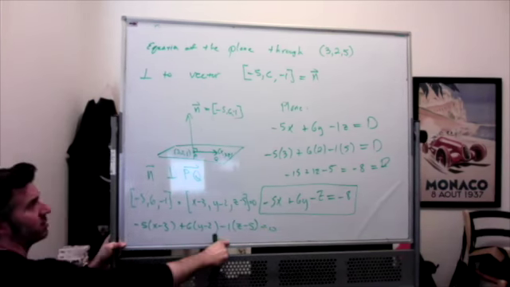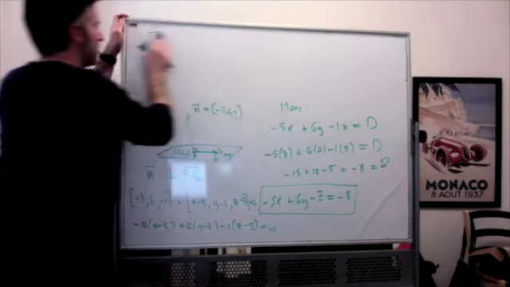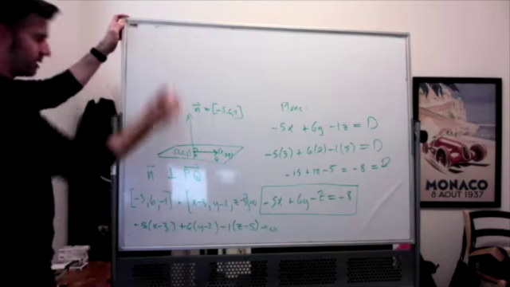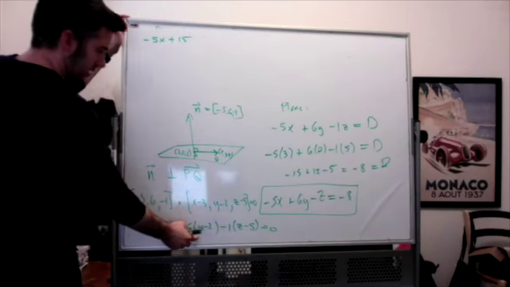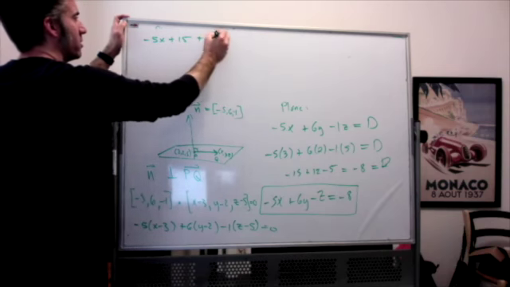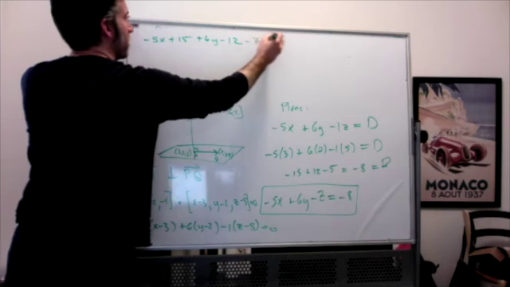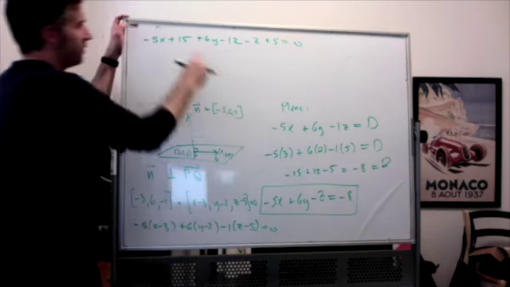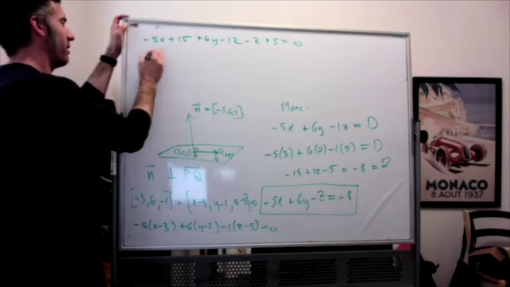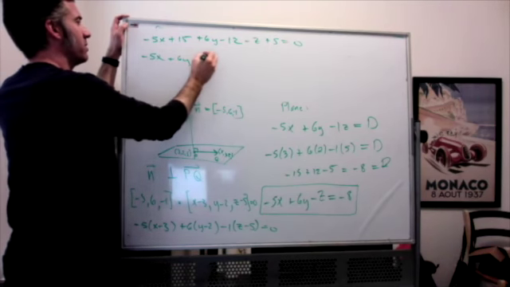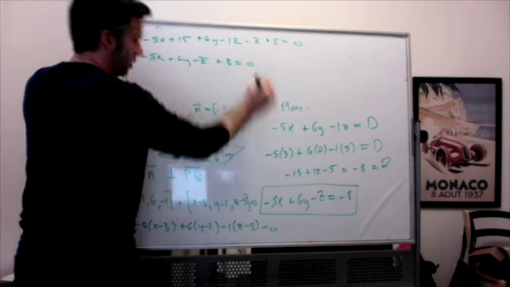If I multiply this out, I get negative 5x plus 15, 6y minus 12, negative z plus 5 equal to 0. And 15 plus 5 minus 12 is 8. So I get negative 5x plus 6y minus z plus 8 equals 0.